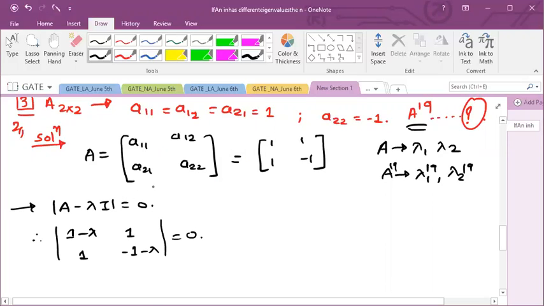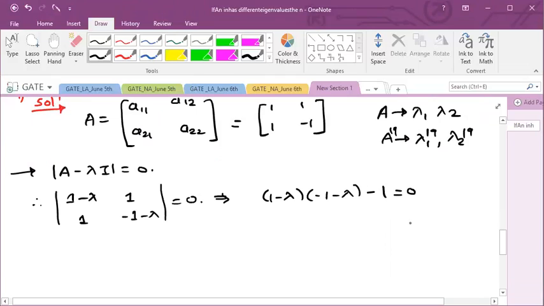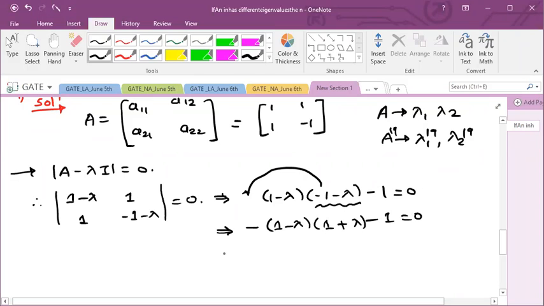So (1 minus lambda)(-1 minus lambda) minus 1 is equal to 0. If I simplify, taking minus common from this term, this is 1 minus lambda and this is 1 plus lambda, because I have taken minus common, -1 equal to 0.